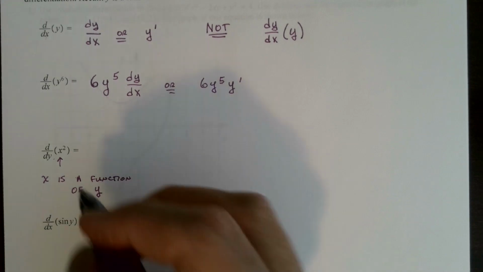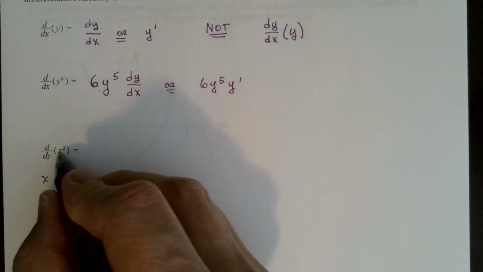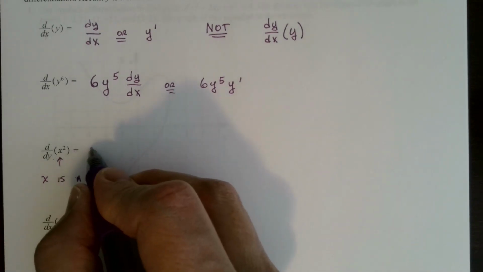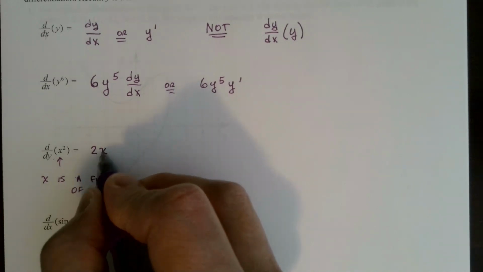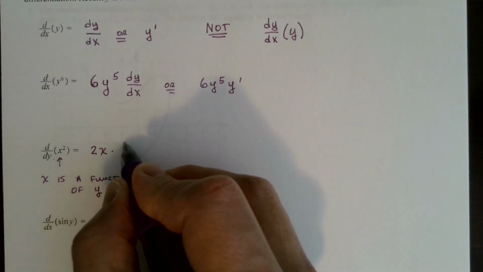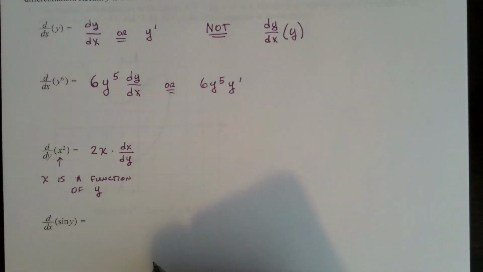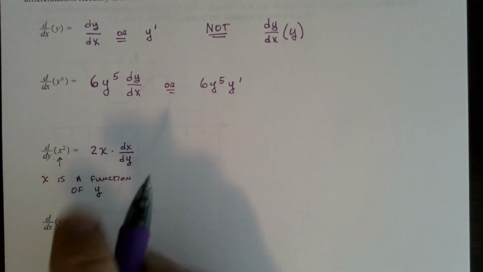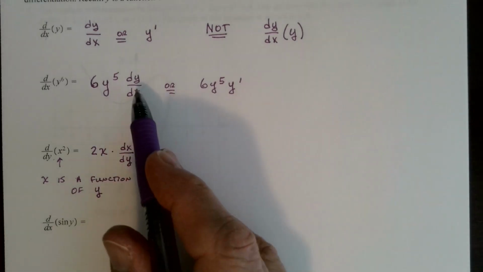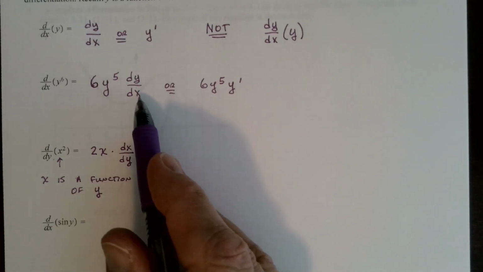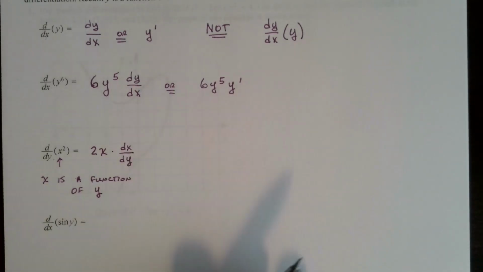And so in this case, the inner function is x, the outer function is x squared. Derivative is by the chain rule. Derivative of the outer function is 2x times the derivative of the inner function, which is dx dy. So Leibniz notation is real important. You can see the dx dy is not the same as dy dx. Okay, it's not the same thing.